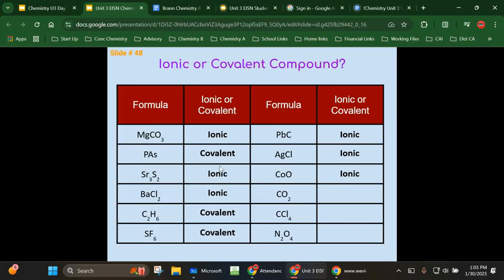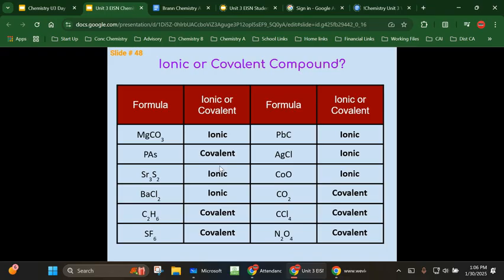The second one? Covalent, absolutely. Carbon is a nonmetal. CCl4. Alan. Covalent. N2O4. Lily.